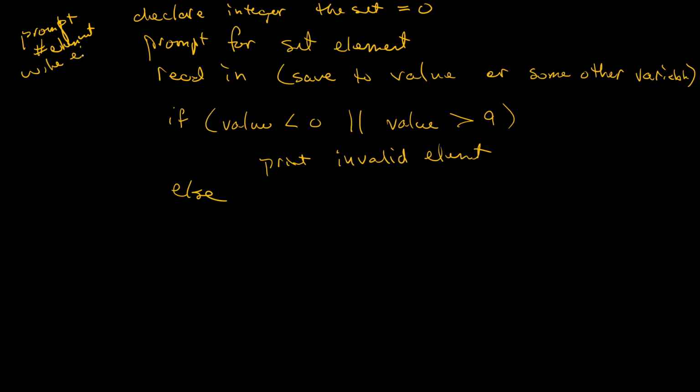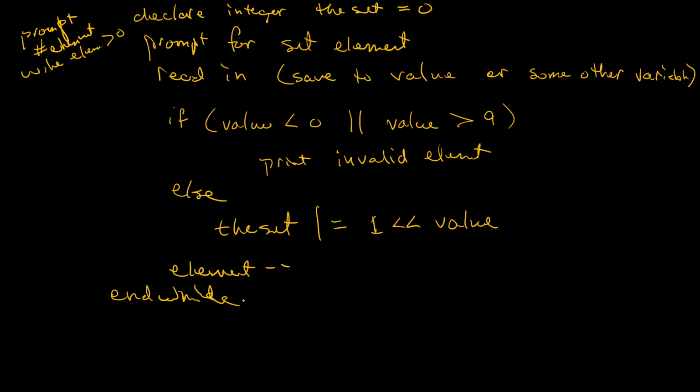While elements is greater than 0, prompt for the set element, and then if it's good, we just say vset OR equal 1 shifted left by value. And then I'd have my element minus minus, and that would be the end of my while.